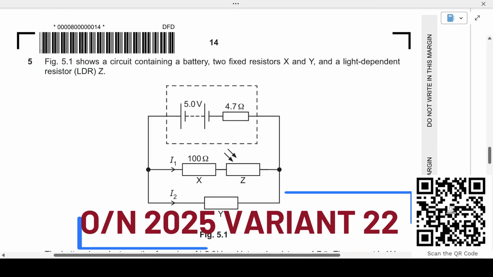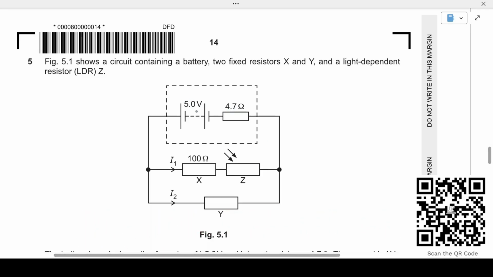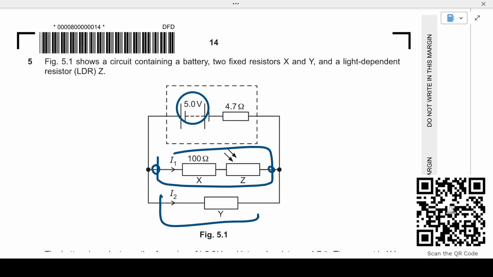So what do we have in the circuit? I see pretty much the same circuit that we have. Battery with EMF 5.0 volts. Would there be 5.0 volts across this one and this one? The answer is no, because some of the voltage of that battery would be dissipated across the internal resistance.